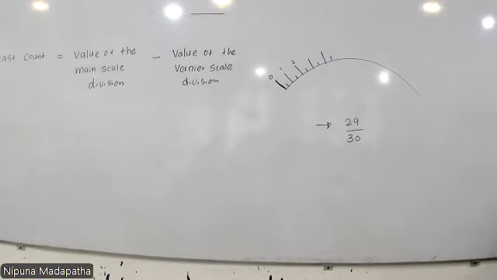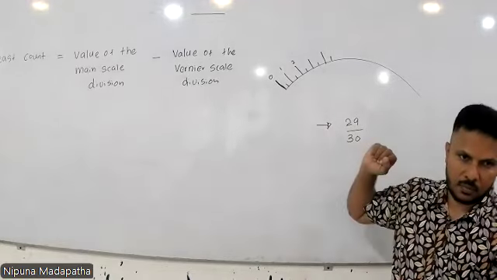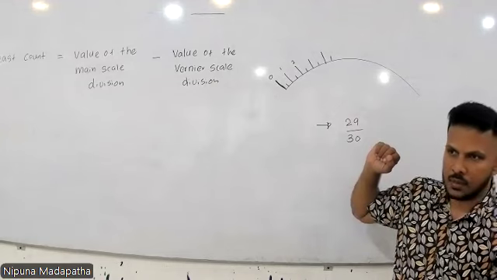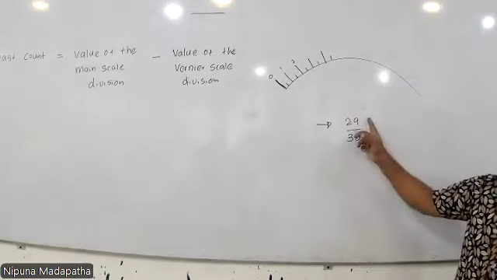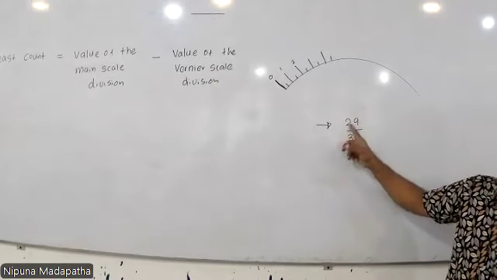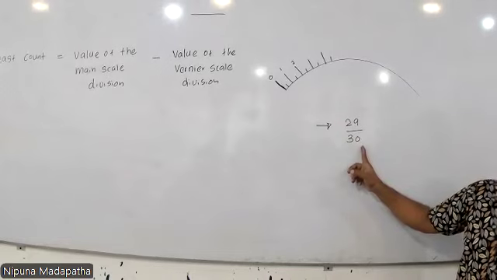So in typical spectrometers, the main scale has a least count of half a degree, and the vernier scale is constructed by dividing 29 of those half-degree divisions into 30 equal parts.